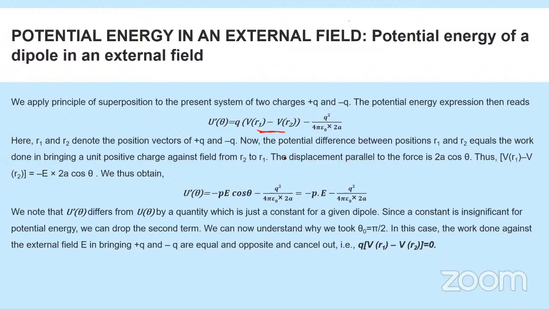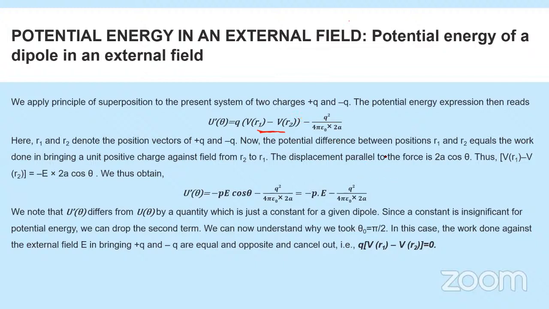Now we can see that the potential difference between positions r1 and r2 actually equals the work done in bringing a unit positive charge against the field from R2 to R1. So what is the potential difference between the points R1 and R2?